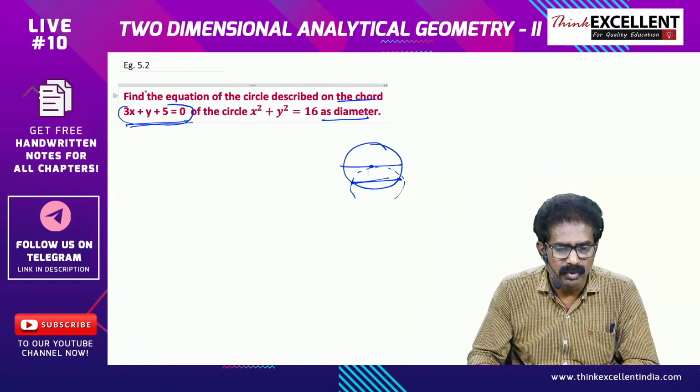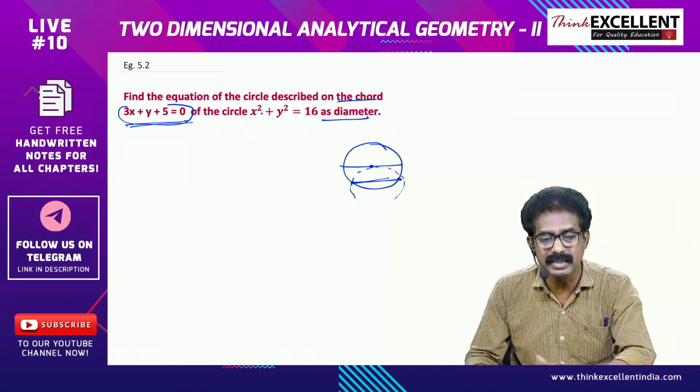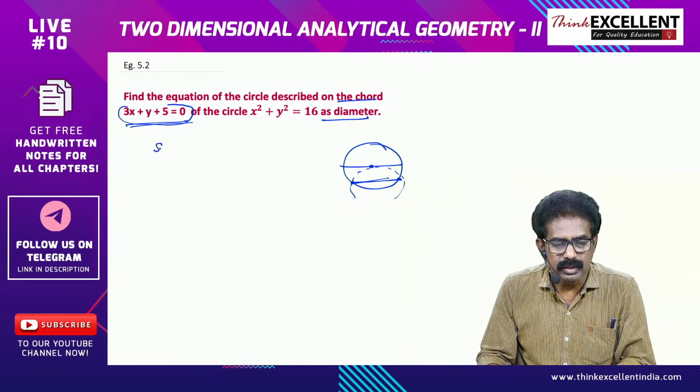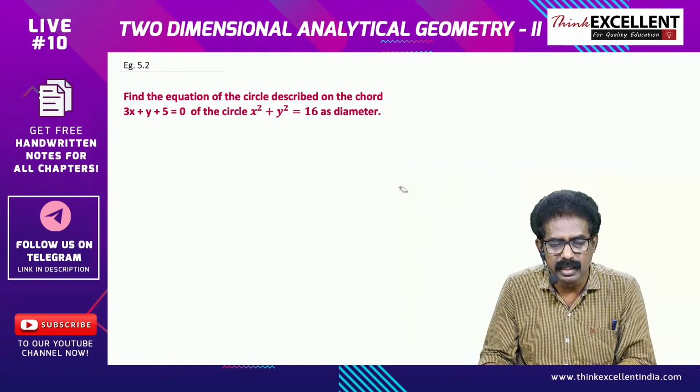Please listen. Find the equation of the circle described on the chord 3x plus y plus 5 equals 0 of the circle as diameter. The chord should be taken as the diameter. Okay, so the circle's equation on the left side, that is S equals 0. The first one is the line, the second one is the circle.